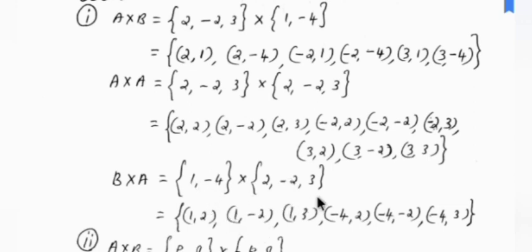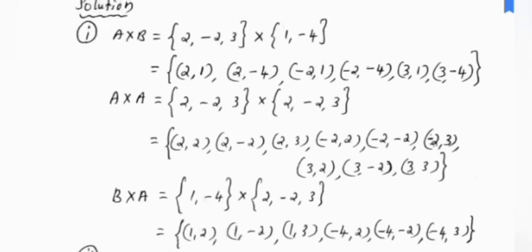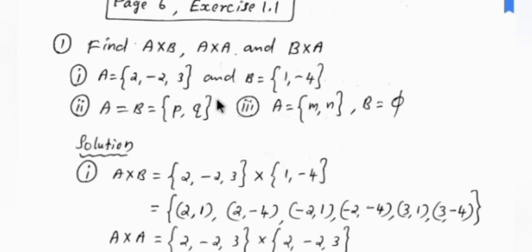First one, third one, (1, 3). Then second one, first one, (-4, 2). Then second one, (-4, -2). Then second, third one, (-4, 3). Now we got B cross A. Now the first question is over.